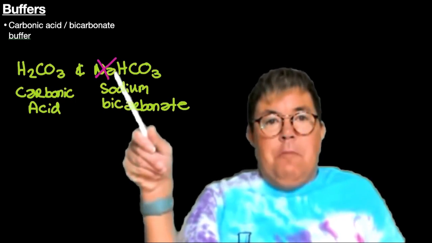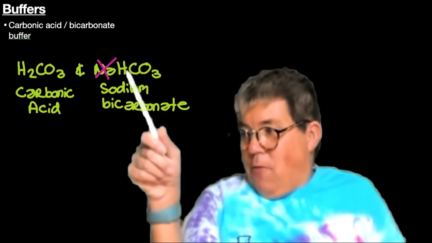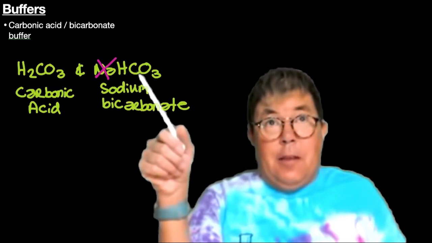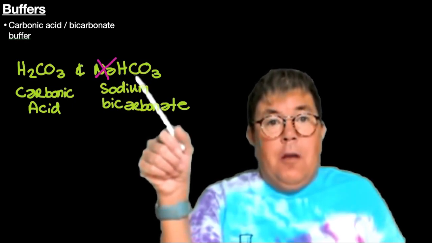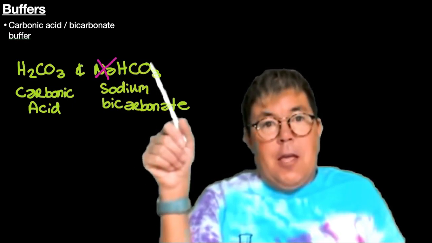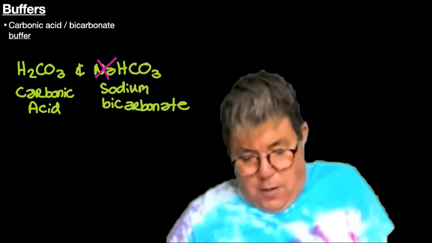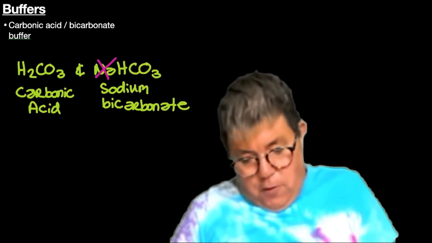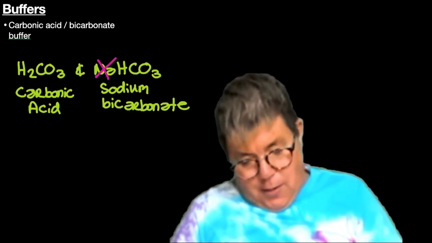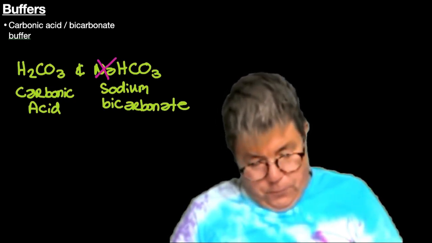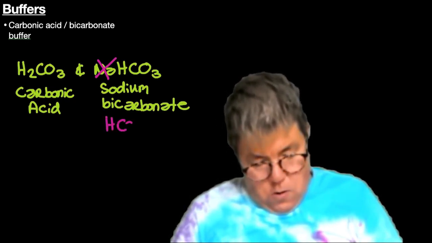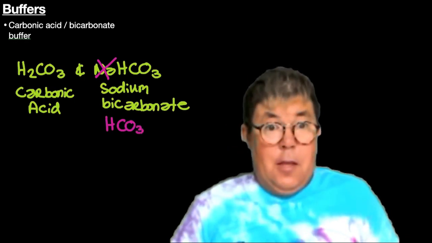But remember, we cannot have ions existing in nature by themselves. They must be part of a salt. So what is the key to the buffer really is we're looking at this HCO3 minus.